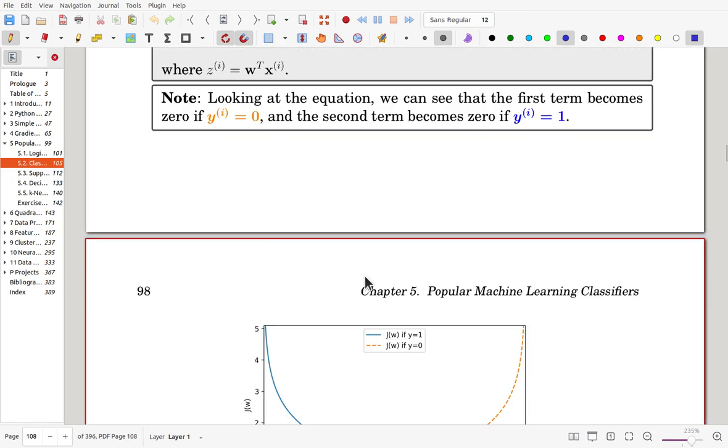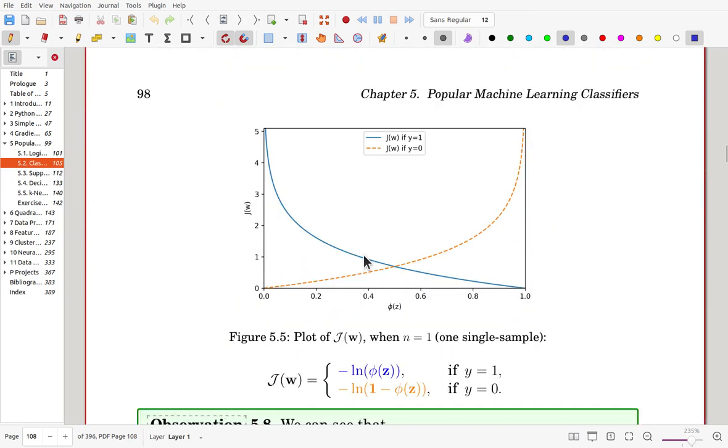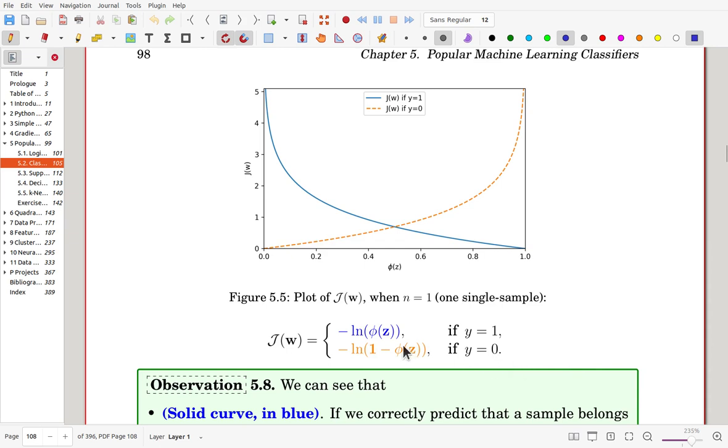Here, we consider the extreme case when n equals 1, only a single sample. If the sample belongs to class 1, then the cost function will be given in this way, shown in the blue curve. And for the other case, y equals 0, we have the orange curve here.